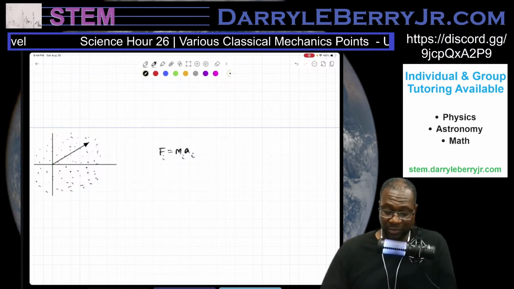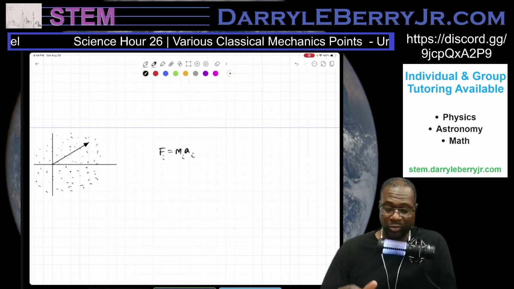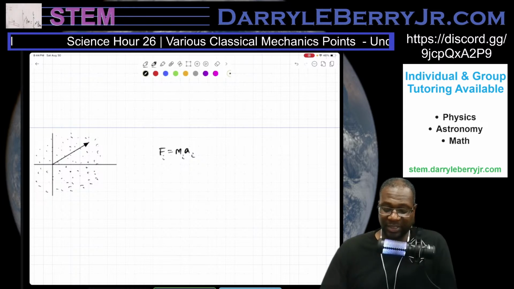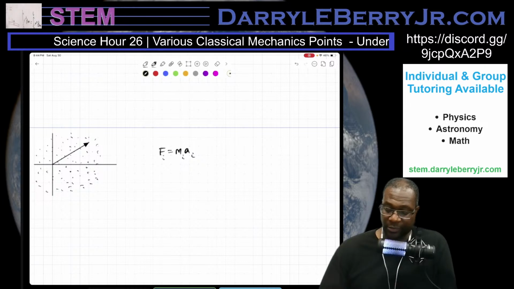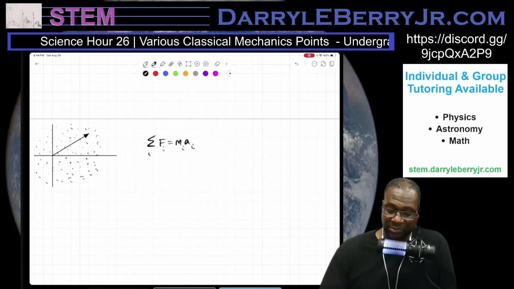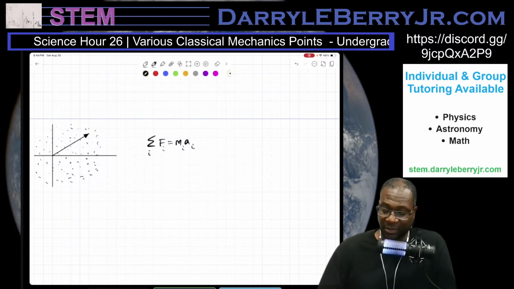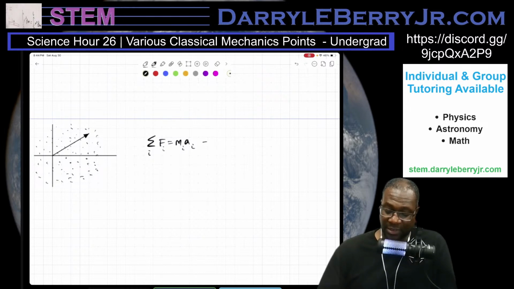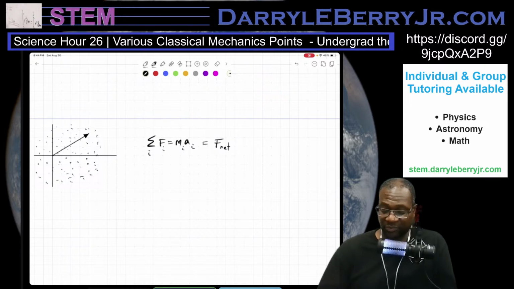So let's say you're trying to figure out how this whole thing moves. If an external force is acting against it, you'd have to calculate each one of them. So basically what we'll do is sum all of these to get the net force that's acting on this entire system of particles.